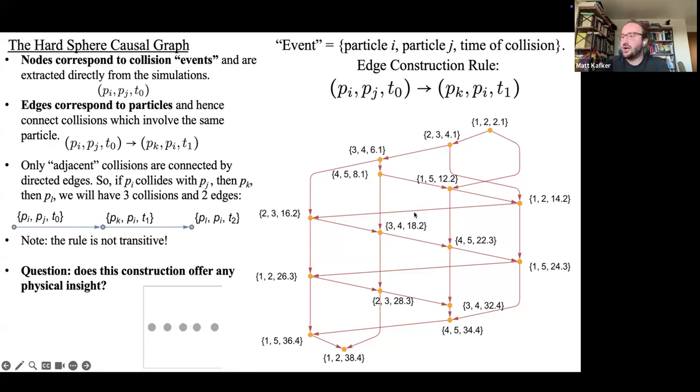And the causal graph that we extract from this is pictured to the right here. So what you can see is that every vertex of the graph is labeled by a triple of numbers, which again is the identity of the particles and the time at which the collision takes place. And they're joined up if one particle is involved in two adjacent collisions.